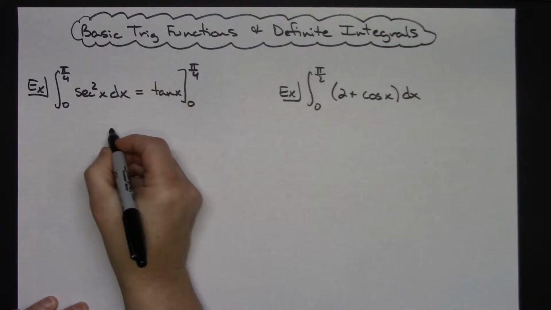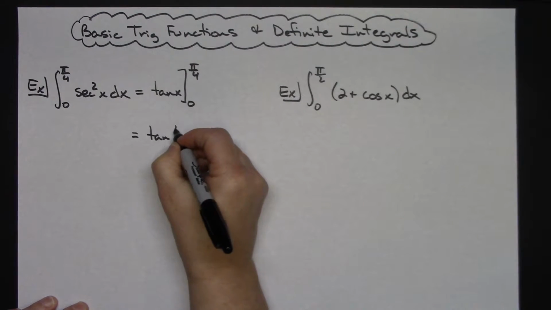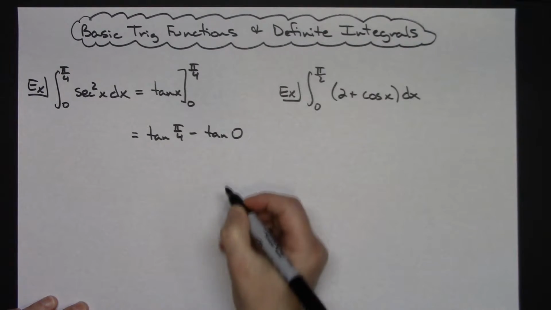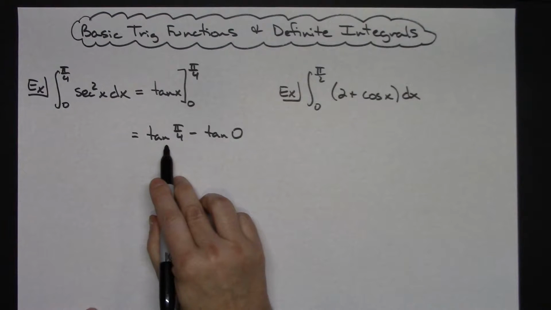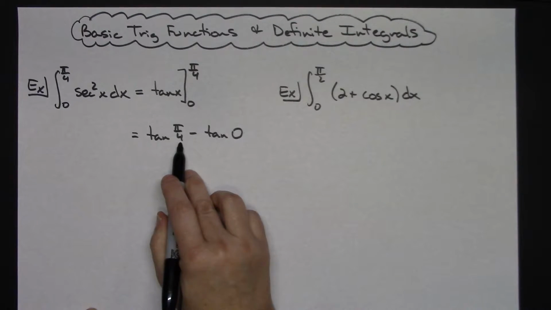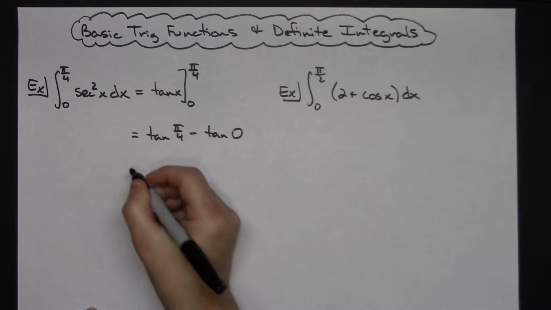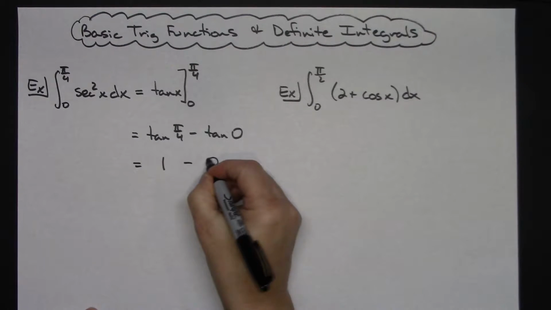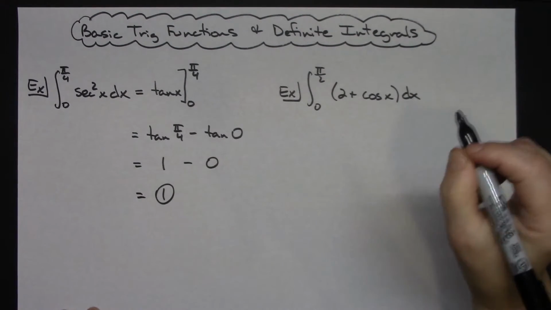When I plug this in, I will have tangent of pi over 4 minus tangent of 0. Hopefully you've got your unit circle memorized really well. Tangent of pi over 4 is tangent of 45 degrees, so it's going to be a 1. Tangent of 0 is 0. So my overall integral there is going to be equal to 1.